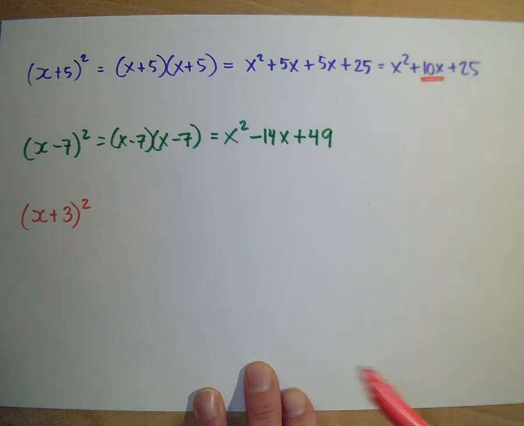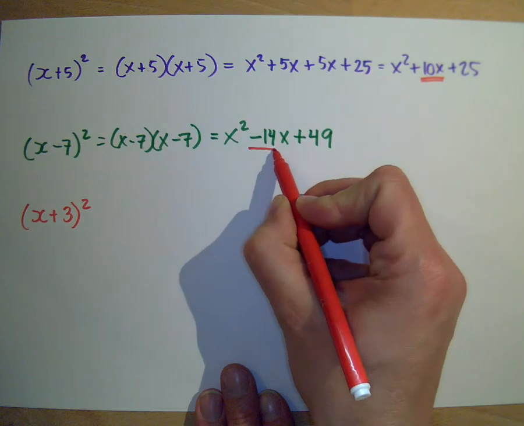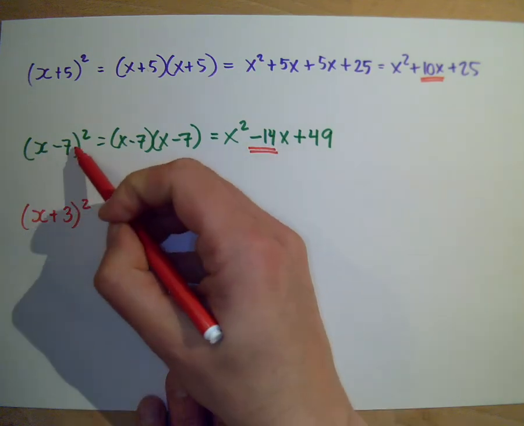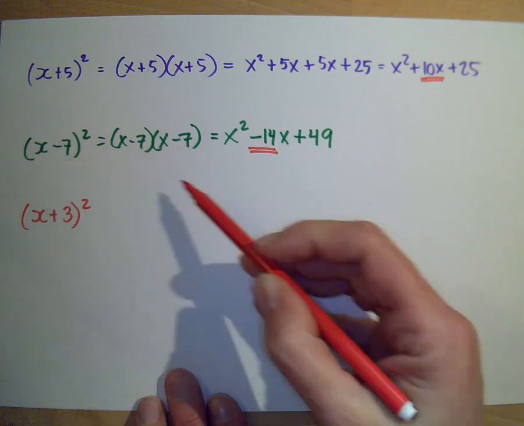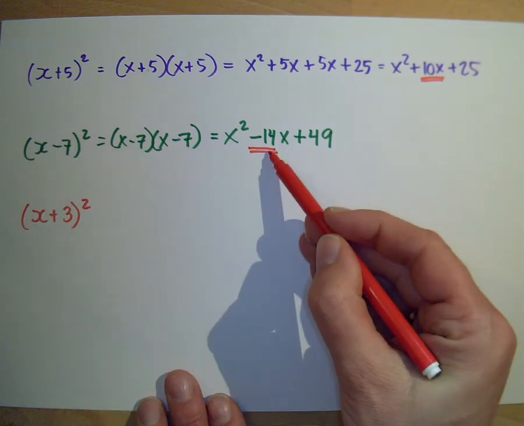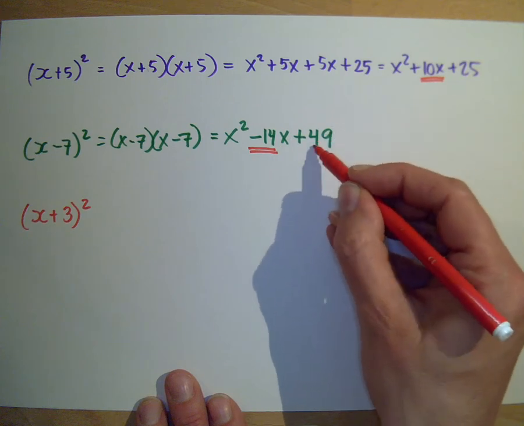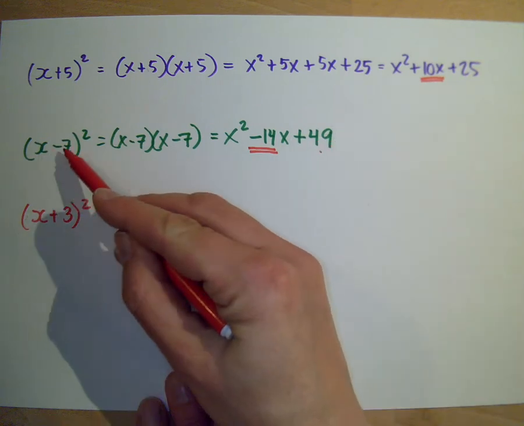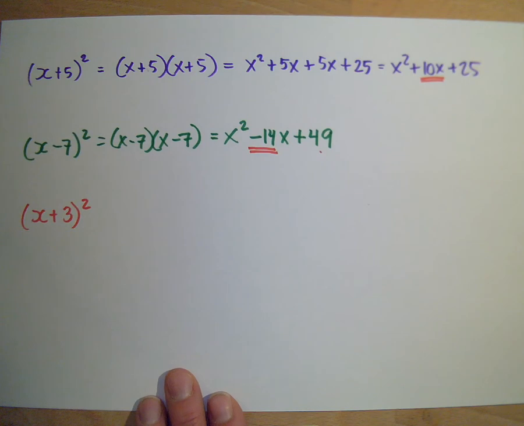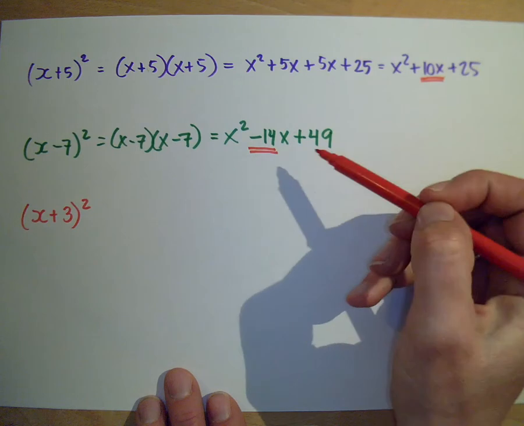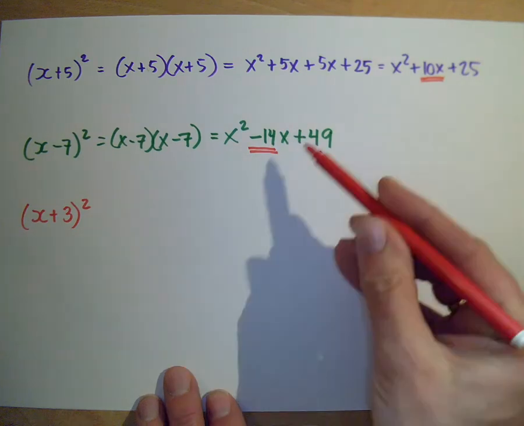And as you can see, again, this negative 14 that's in front of the x, that's twice our negative 7. Negative 7 times 2 is negative 14. This term, 49, is the square of negative 7. 7 times 7 is 49. Negative times negative is a positive, so there we go.